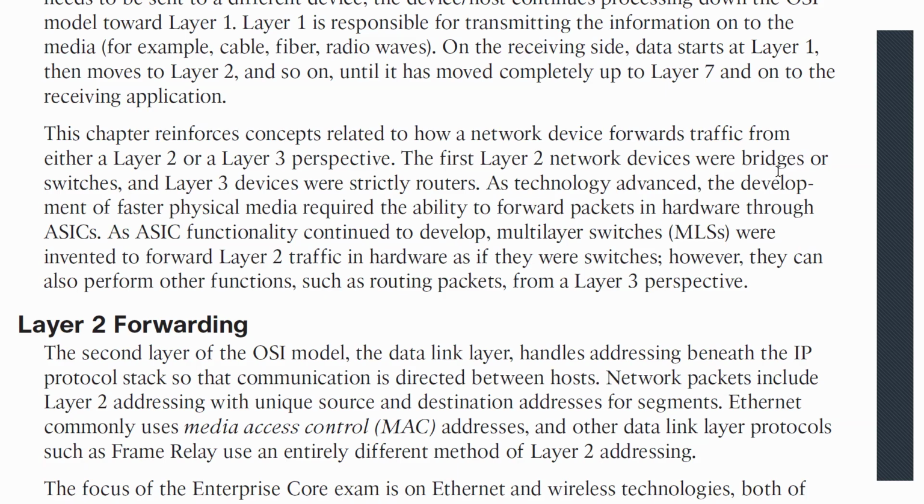Bridge was a technology that was introduced to divide the collision domain. That means if you have two hubs and you want to divide the collision domain between them, then you used to use bridges. This bridge had only two interfaces, where you can connect two hubs, so that the collision domain between the hubs can be divided.